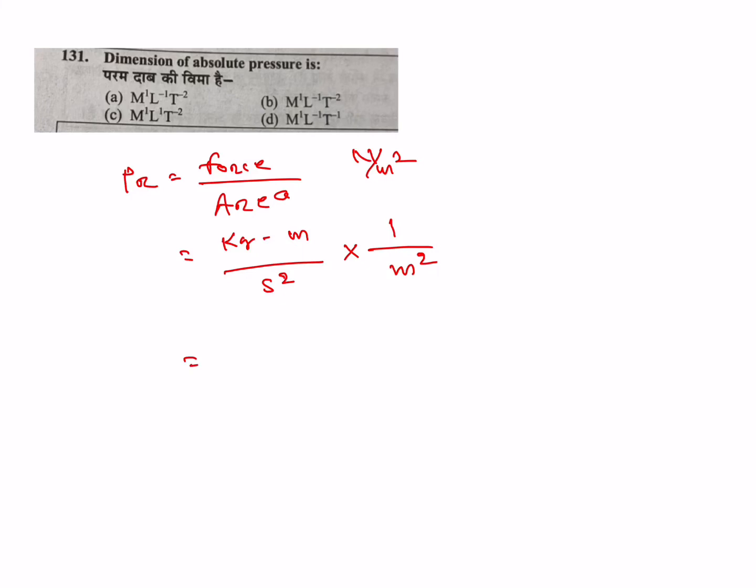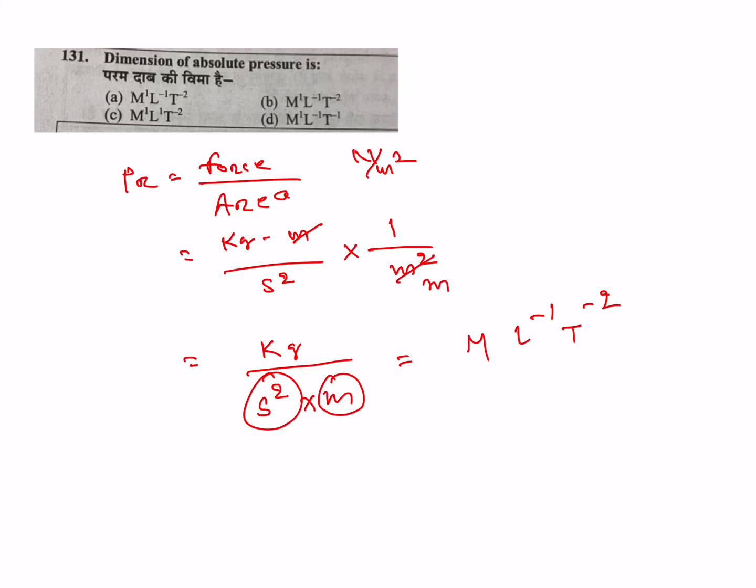Meter square, so kg divided by second square into meter. In MLT terms, M L to the power minus 1, T to the power minus 2. A is your correct answer.